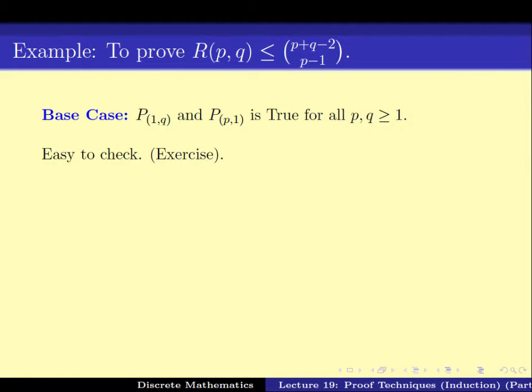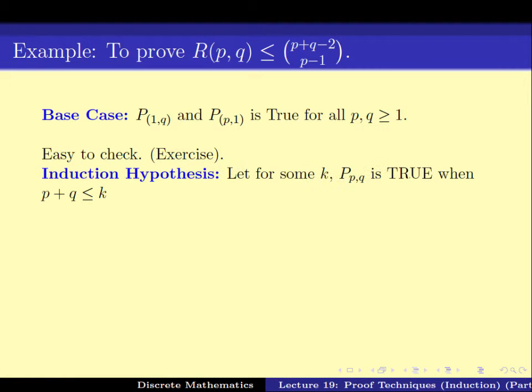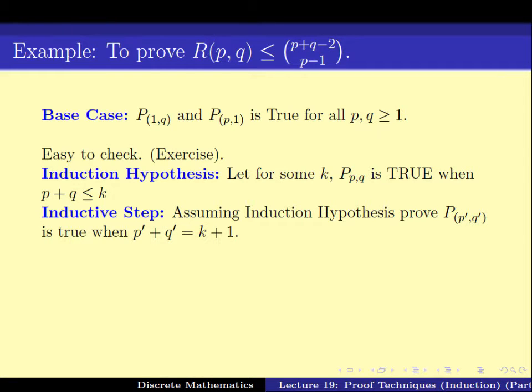Okay, let's see. The base case, I leave it to you to check that it indeed holds in this case. Induction hypothesis, we know what we have to assume. And the inductive step is that we have to prove that if p prime plus q prime equals k plus 1, then the case for p prime, q prime is true.